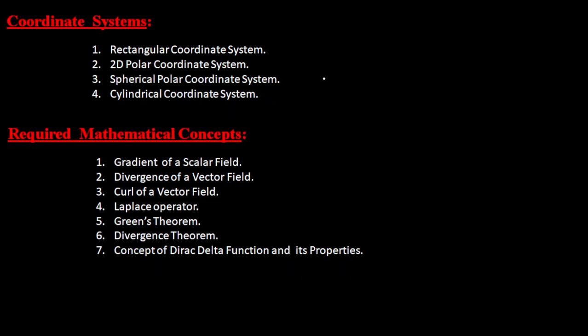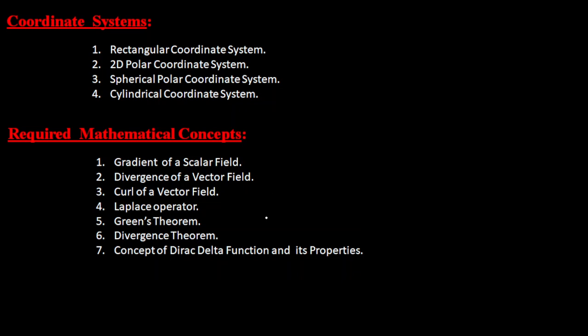After completing the coordinate systems, we will also discuss a few mathematical concepts, like how to write the gradient of a scalar field in different coordinate systems, how to write the divergence and curl of a vector field in different coordinate systems, and how we can write the Laplace operator in different coordinate systems.